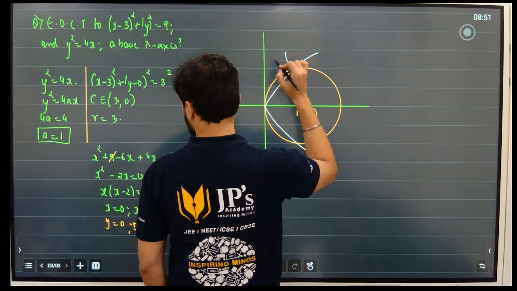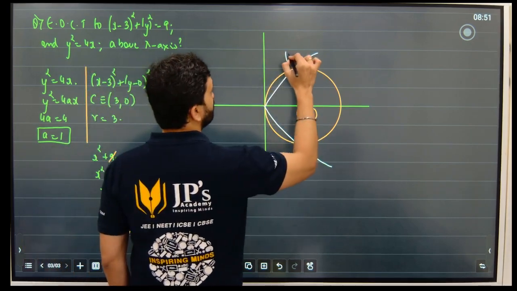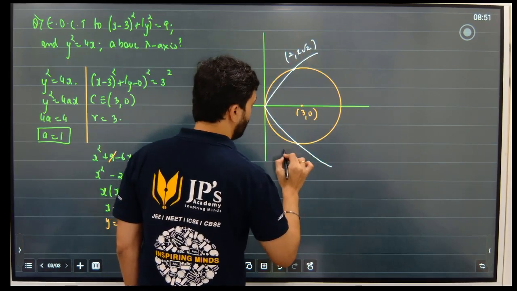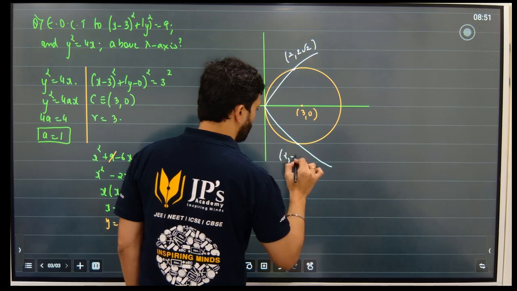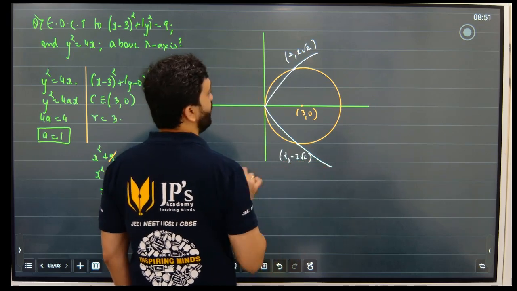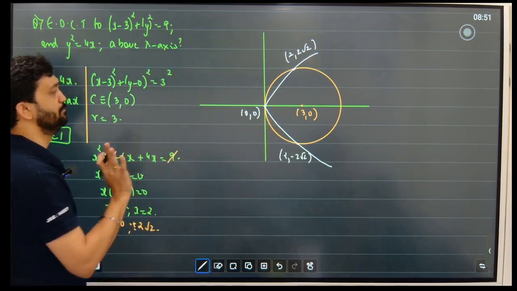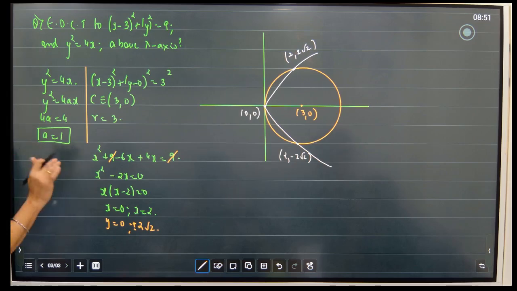Say for example, this is 2 comma 2√2, not required but still I am just telling you how to find this, and this is 2 comma minus 2√2, and this is the common point, that is 0 comma 0. So this is basically where they are intersecting, but this is not the problem.